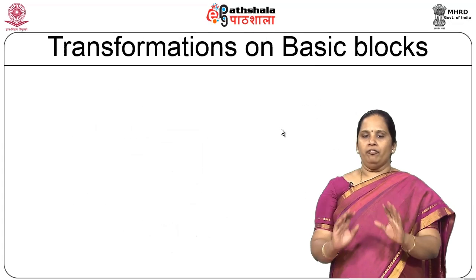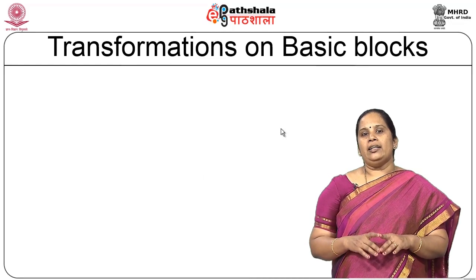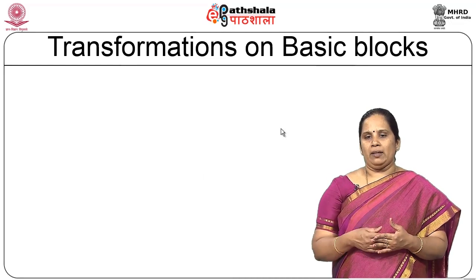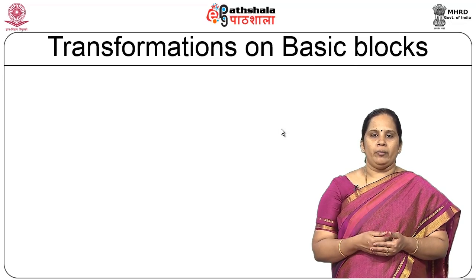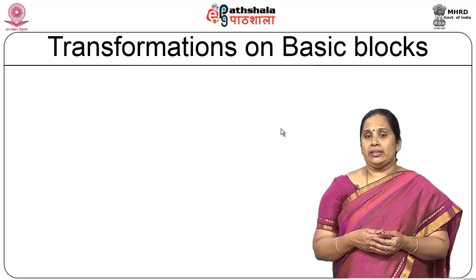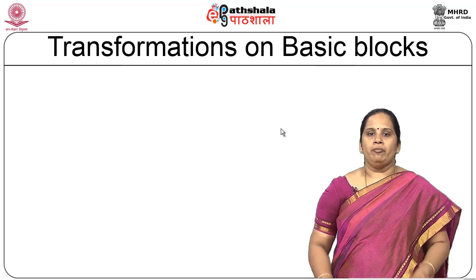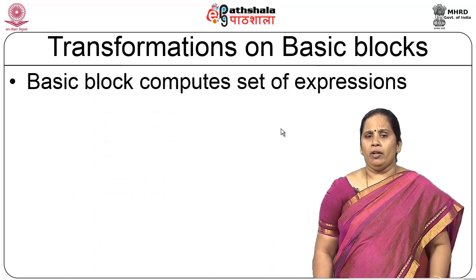Now I have formed basic blocks from my 3 address statements. We said that the ultimate reason behind forming basic blocks is register allocation and optimization. To do optimization, I should know what possibilities there are with reference to basic blocks in terms of transformations. Transformations can basically be of two types.